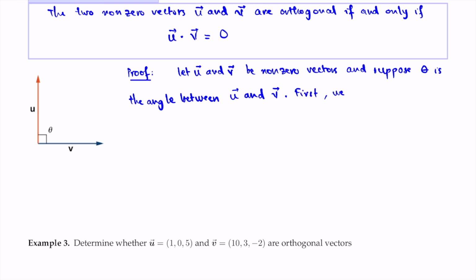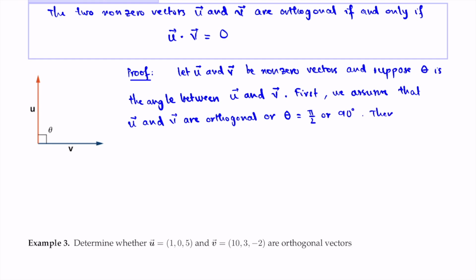First, we assume that u and v are orthogonal, or the angle between the two vectors is pi over 2, or 90-degree angle. Then you do the calculation of the dot product, that is u dot v equal to the magnitude of u times the magnitude of v times cosine of theta, which is the angle between the two vectors.